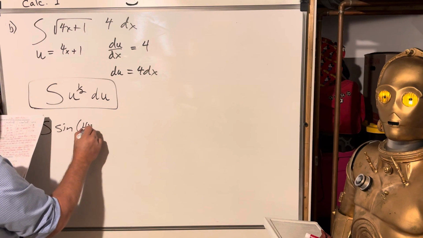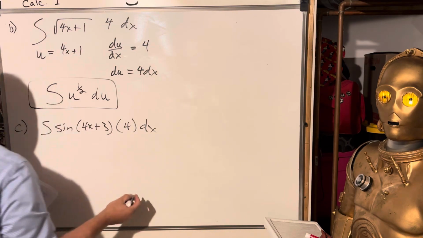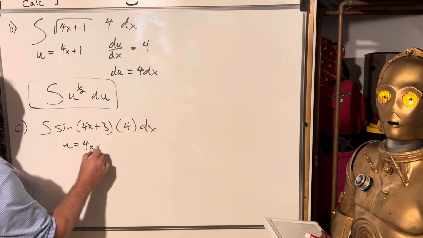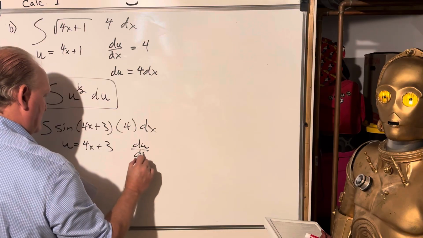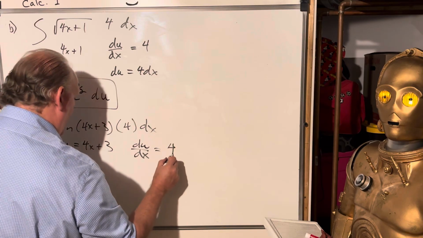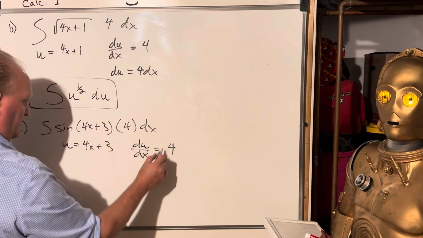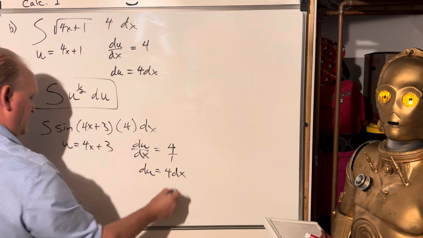Sine of 4x plus 3 times 4 dx. Again, u is going to be 4x plus 3. Du dx is going to just be 4. And then I want to solve for du. So du, kind of cross multiply if you want to think of it like that, is 4 dx.